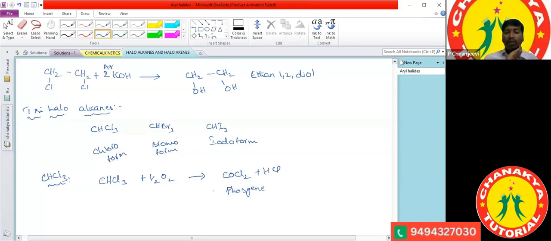In place of chloroform we are using halothane and isoflurane as anesthetic drugs. Okay, and chloroform CHCl3 plus acetone CH3-CO-CH3.